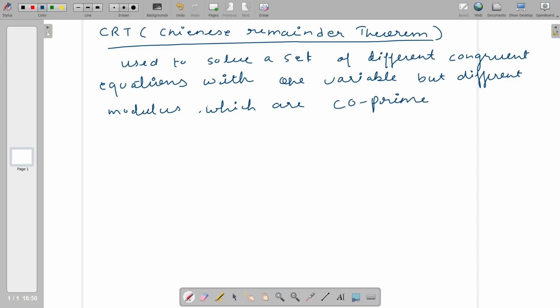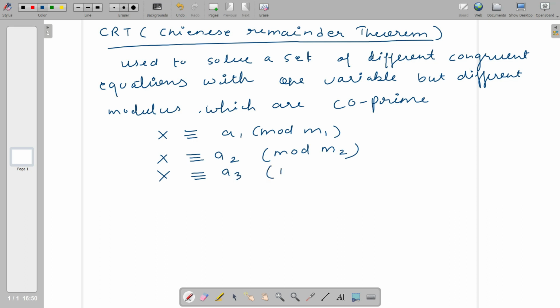For example, we write x is congruent to a1 mod m1, x is congruent to a2 mod m2, x is congruent to a3 mod m3, and so on up to x is congruent to an mod mn.